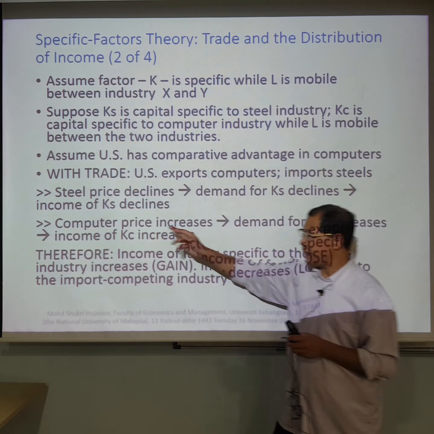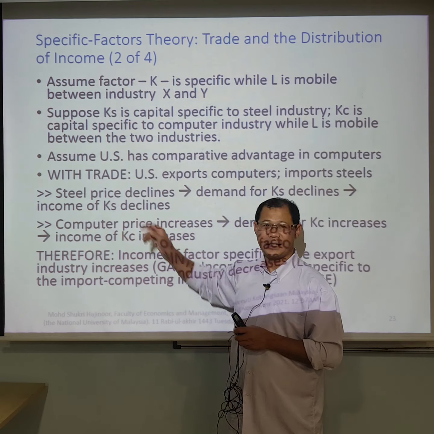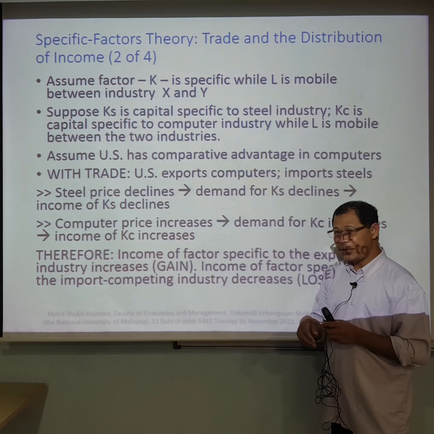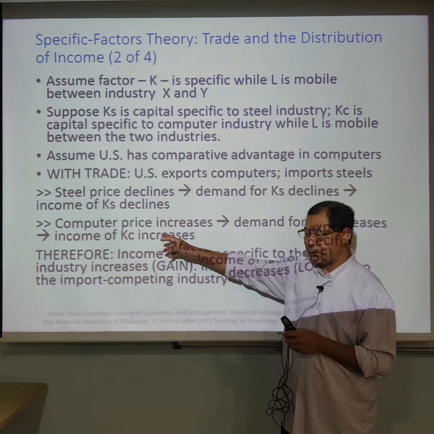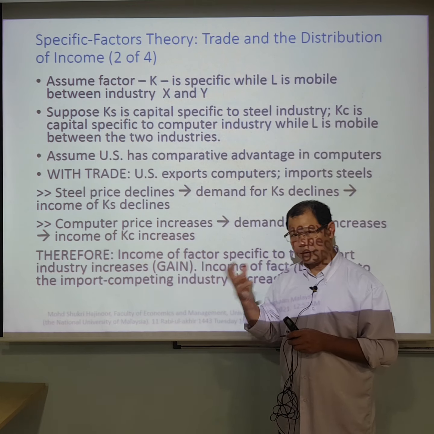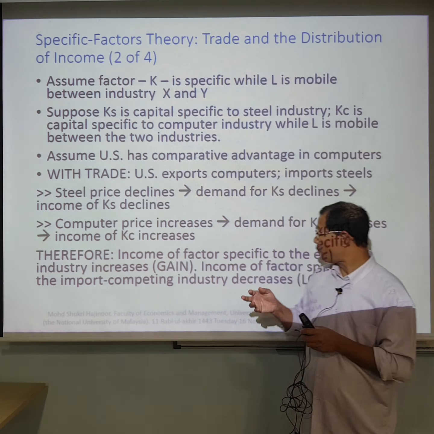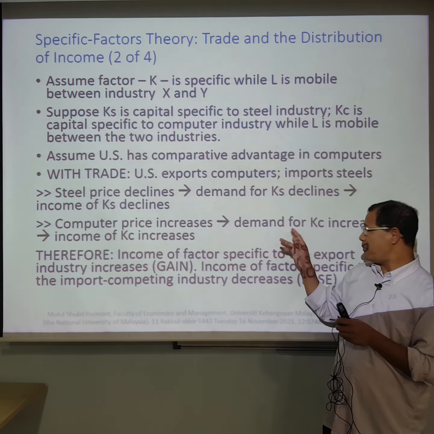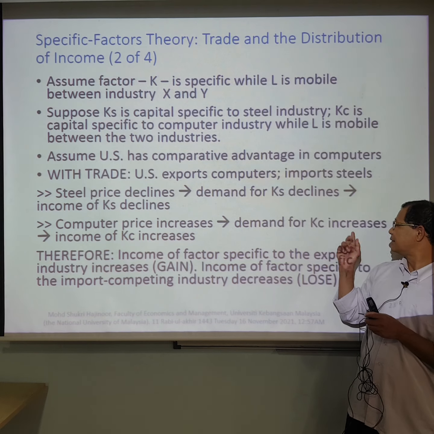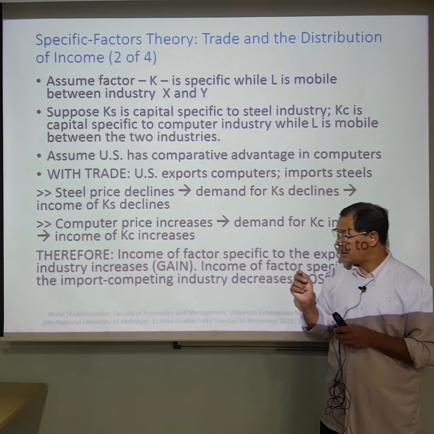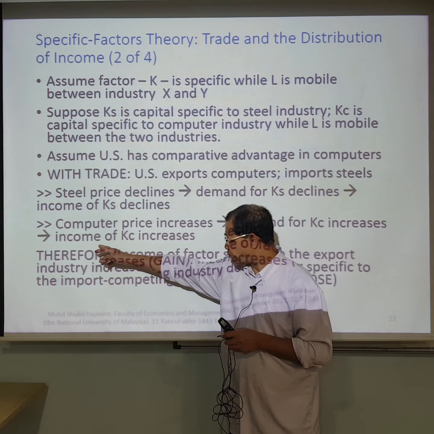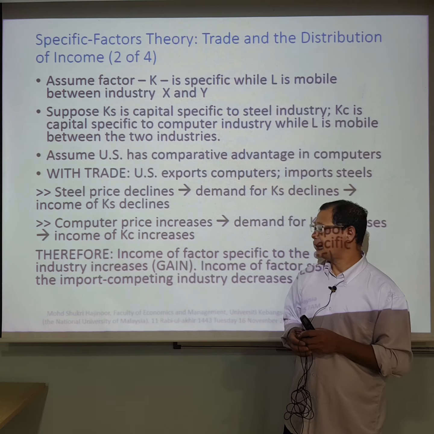As a result, the income of KS declines. On the other hand, computer prices increase, the computers that the United States exports. So as a result, demand for KC increases as well, and the income of KC increases.